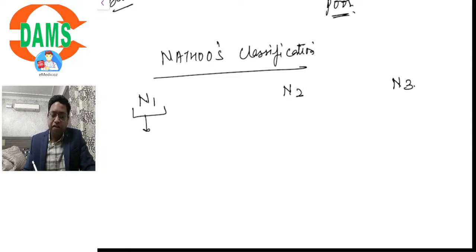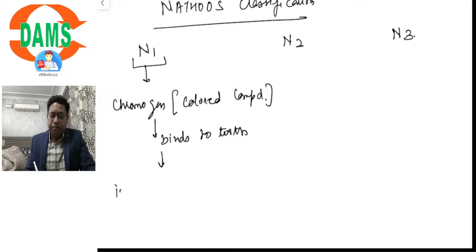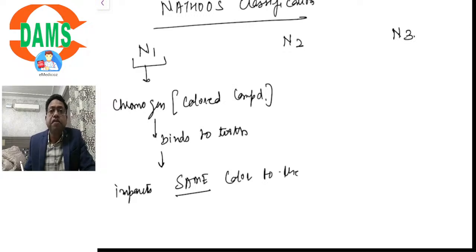N1 stain means there is a chromogen. Chromogen means there is a colored compound present that binds to the tooth, and it imparts the same color to the tooth.